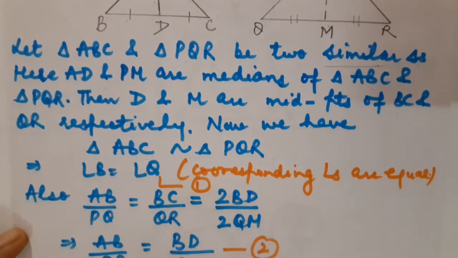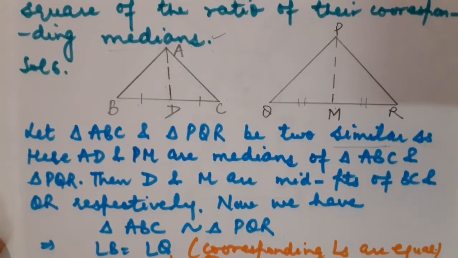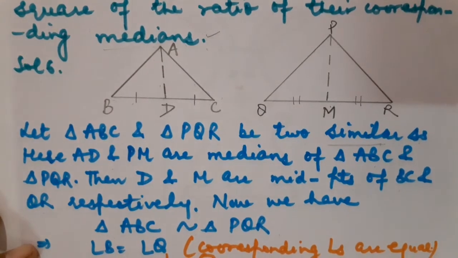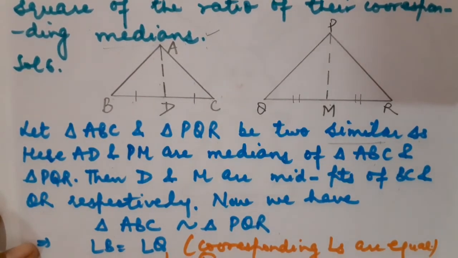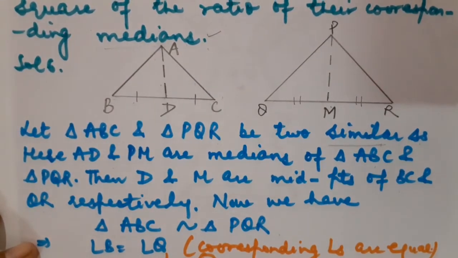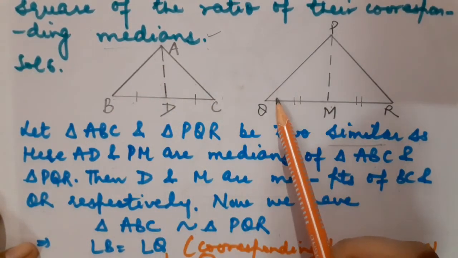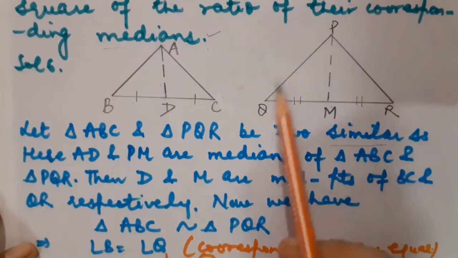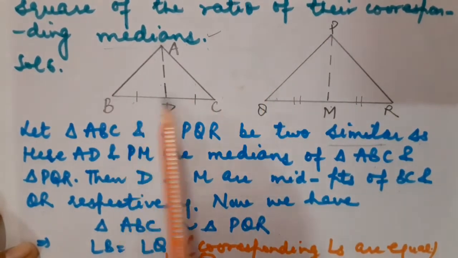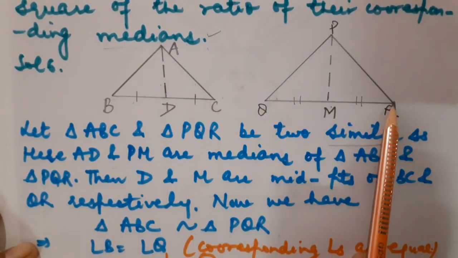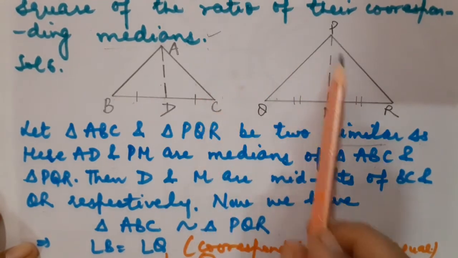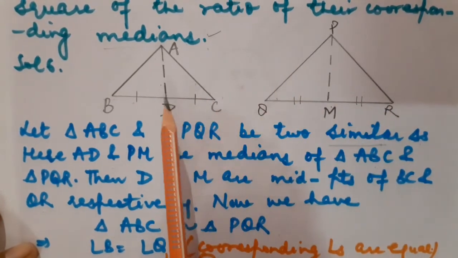So children, if triangle ABC and triangle PQR both are similar to each other, then let us recall what the conditions of similarity were. The ratio of the corresponding sides must be equal, that is AB upon PQ must be equal to BC upon QR must be equal to AC upon PR, as well as the corresponding angles are also equal.